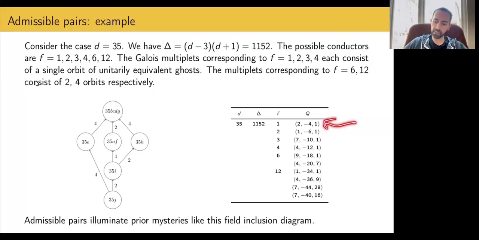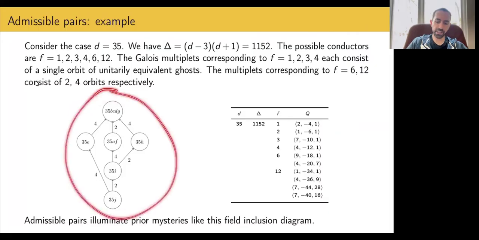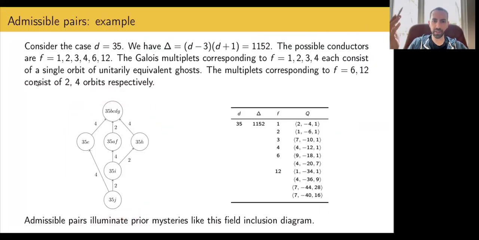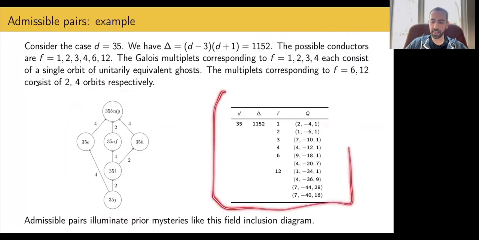Okay, so these labels aren't exactly canonical, but they're kind of almost canonical. You can reduce them to a finite set of things that are canonical. So they're kind of the right labels that we should have been using. So this is what I mean when I say we can explain phenomenology. People would have these inscrutable diagrams and you have no idea what they mean. And now we actually understand what the labels are that belong to these types of diagrams here.